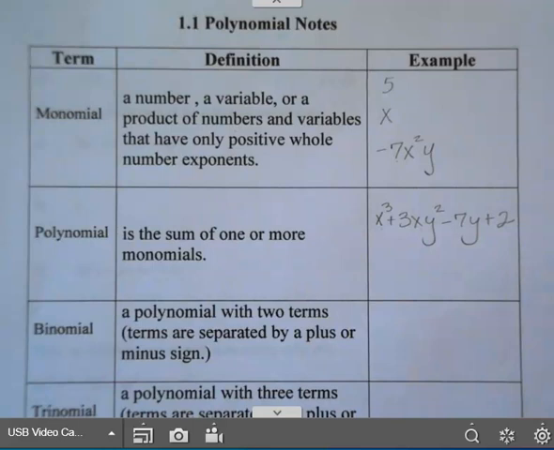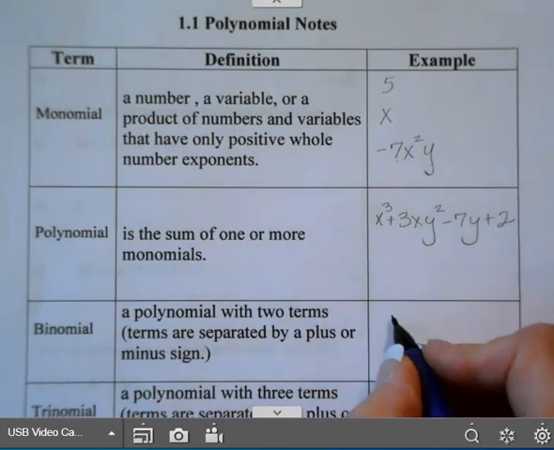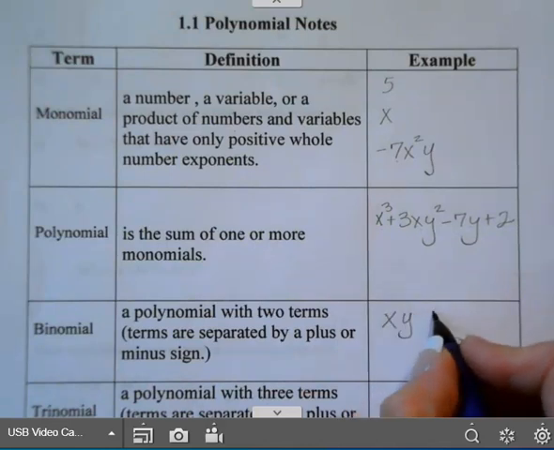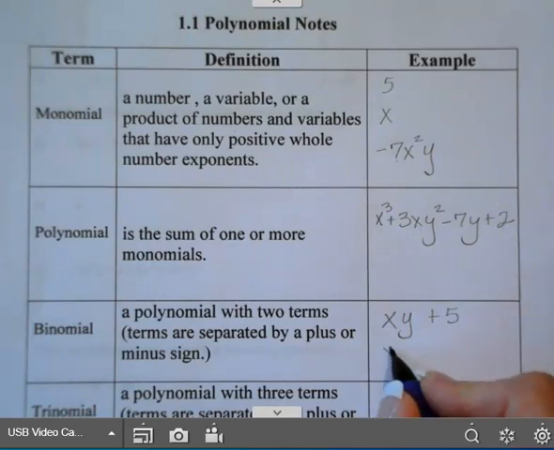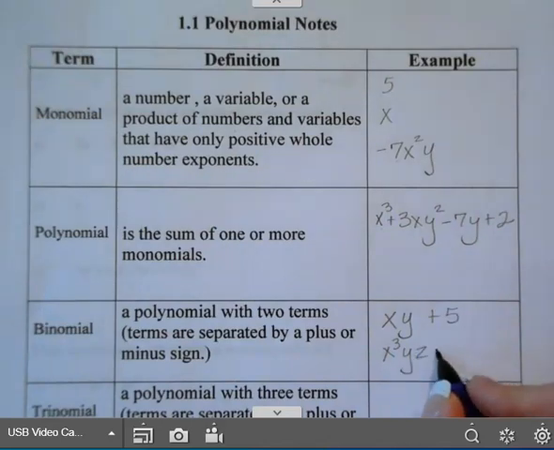A binomial is a polynomial with 2 terms, and terms are separated by plus or minus. So an example might be xy plus 5, or maybe x cubed yz minus 3a.